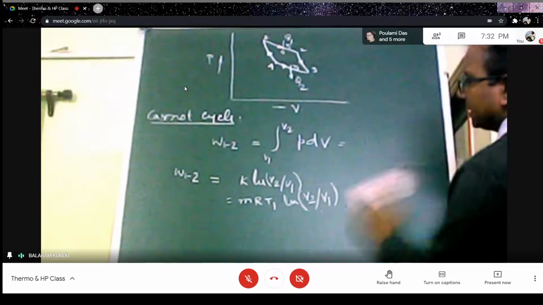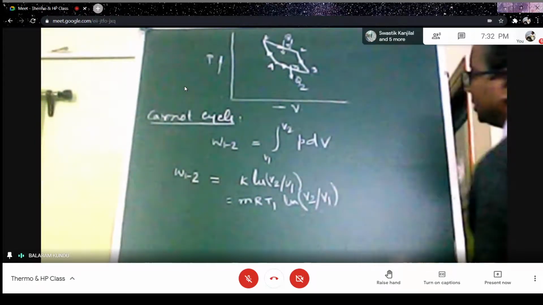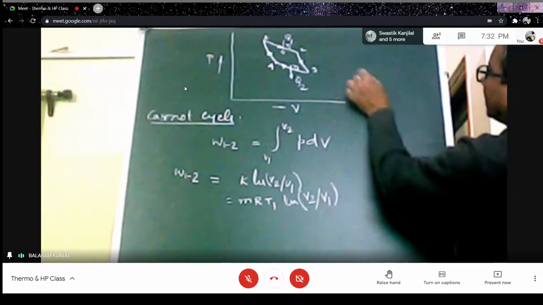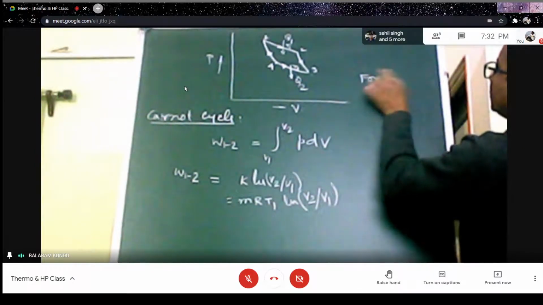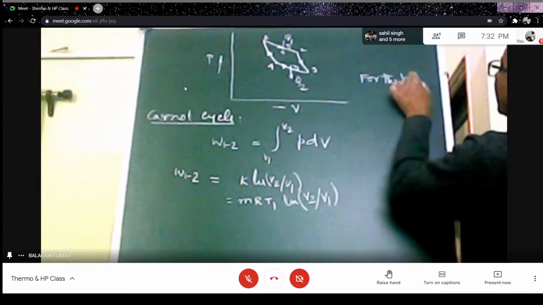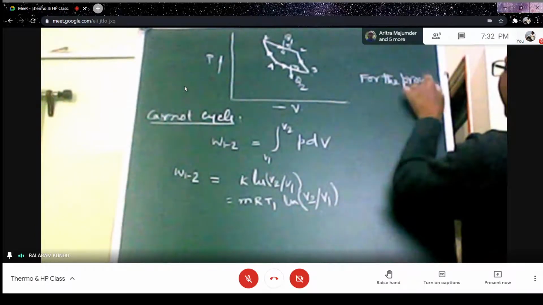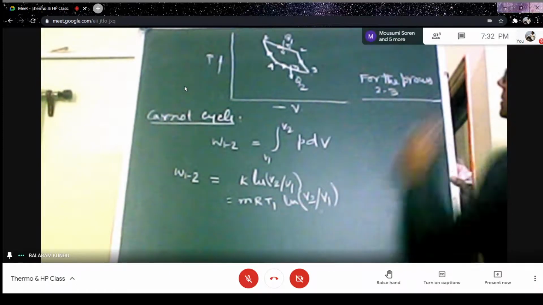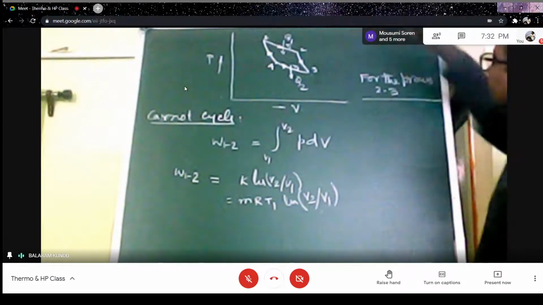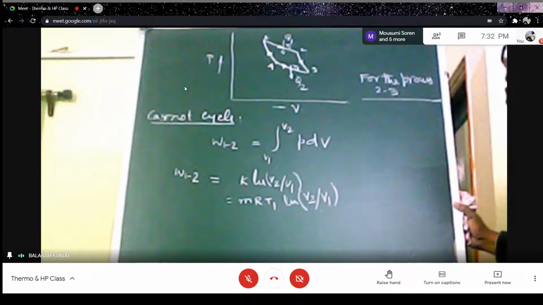For the process 2 to 3, the expansion process, work develops here, and during the process no heat exchange takes place.